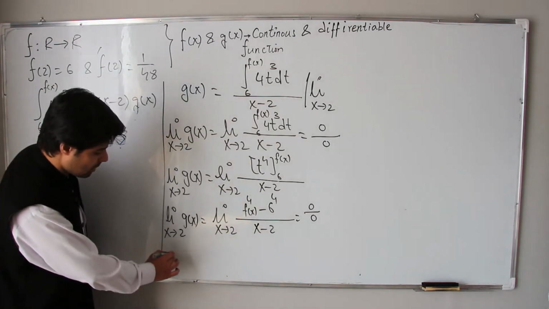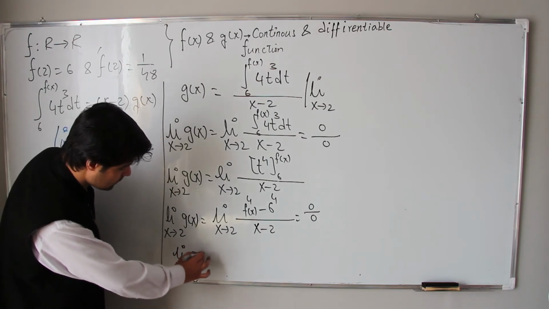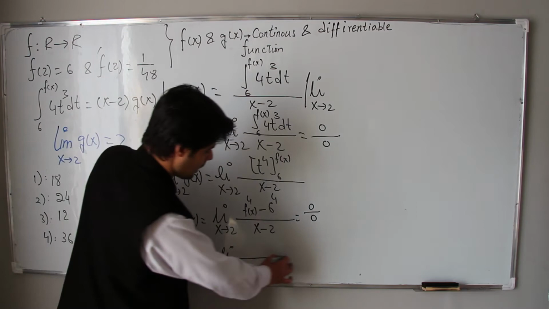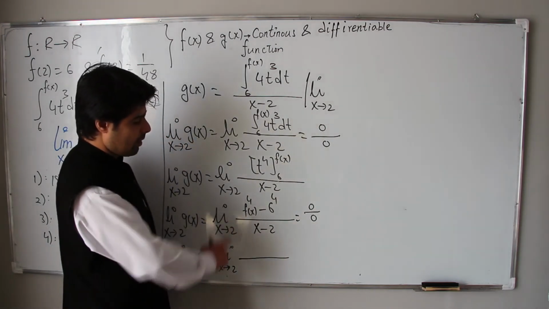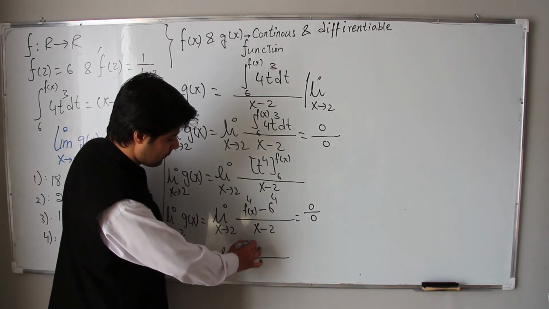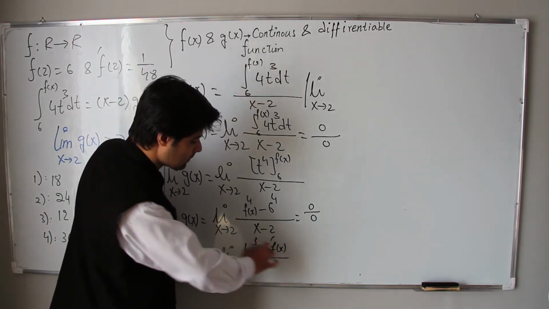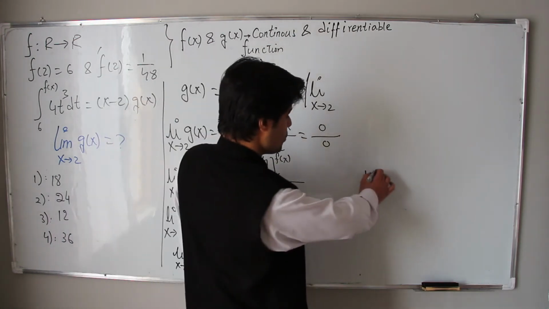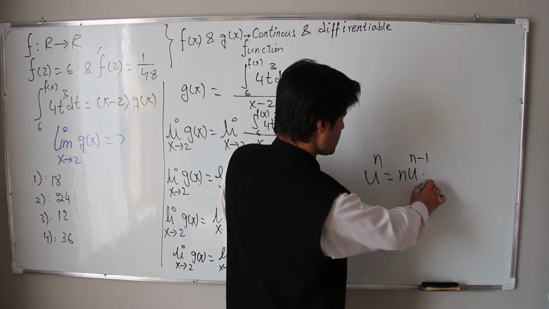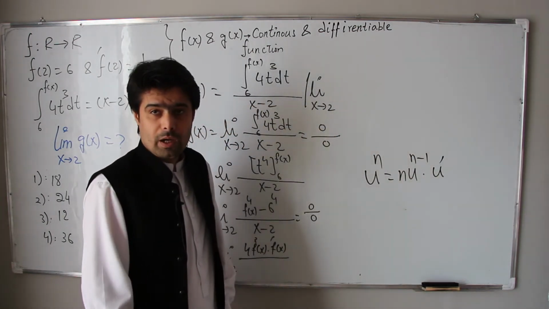It means the limit as x goes to 2 of g(x) is equal to the limit as x goes to 2 of the derivative. What is the derivative of f(x) to the power 4? It is 4 f(x) to the power 3 times f prime(x). We have u to the power n. What's the formula? n u to the power n minus 1 times u dash, or u prime.